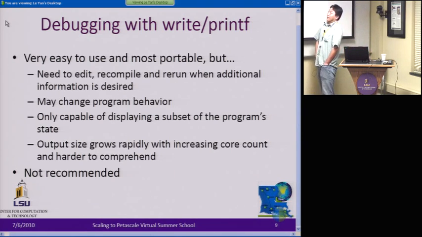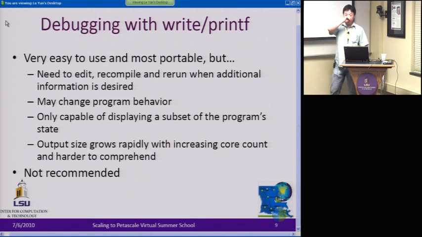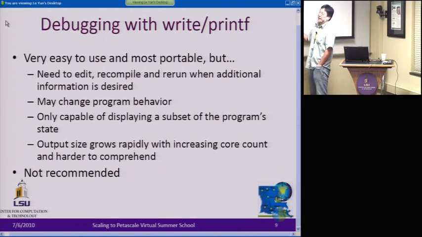It's very easy to use, and the most important advantage is that it's part of the language. It's very attractive, but there are a few disadvantages, so you shouldn't use this method of debugging very frequently.